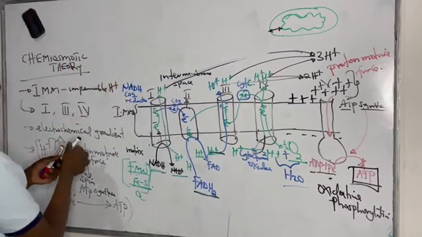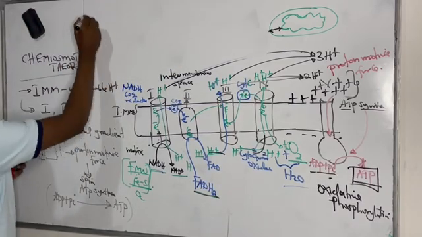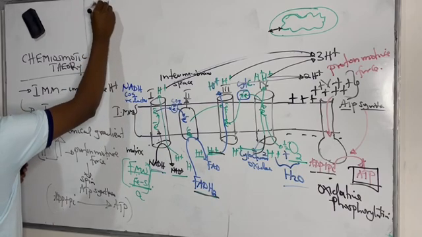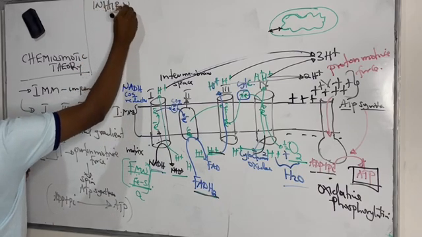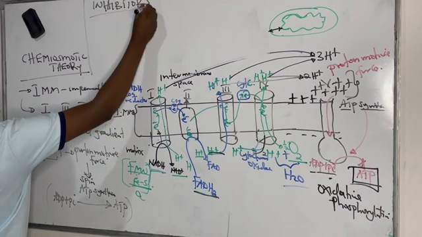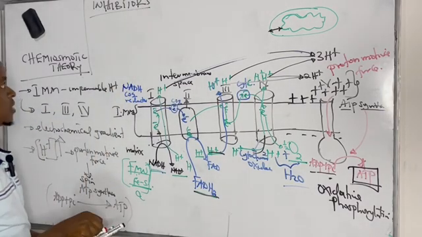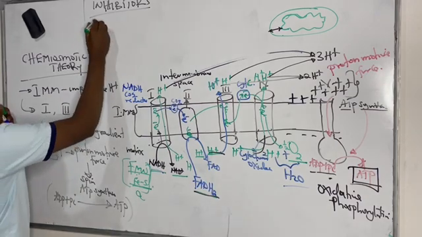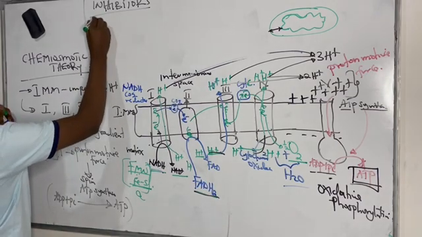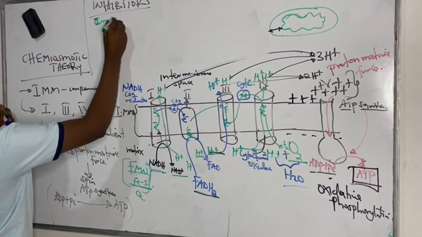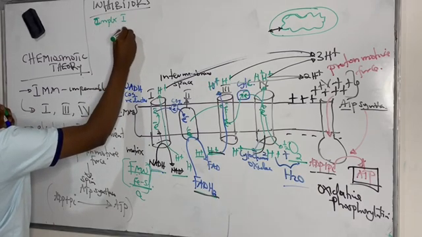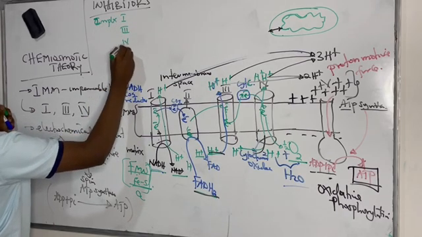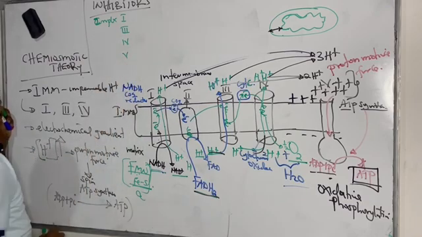What inhibits the electron transport chain? We have complex 1, complex 2, complex 3, complex 4, and 5.